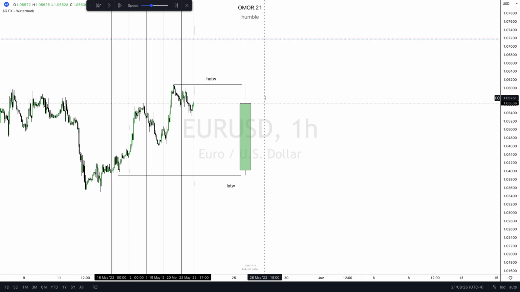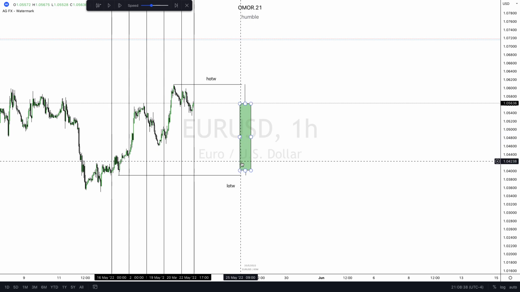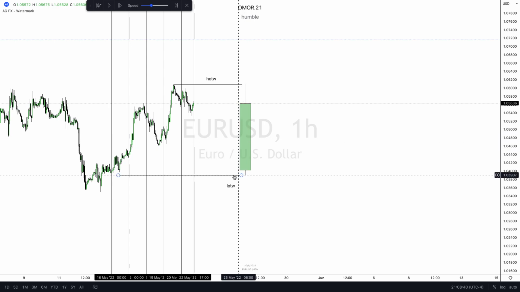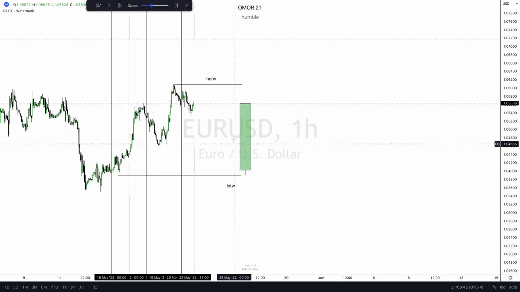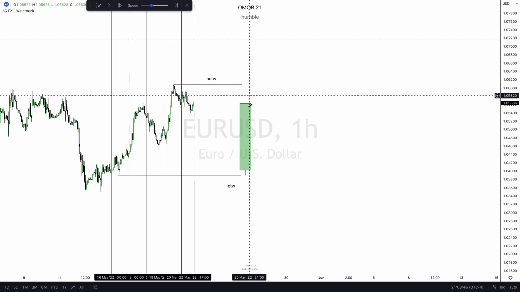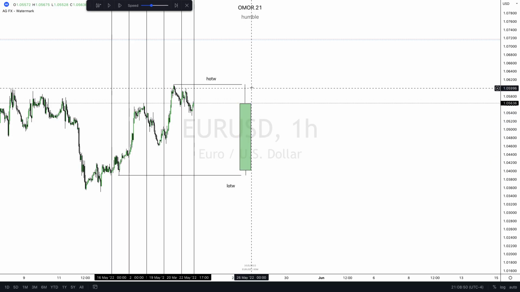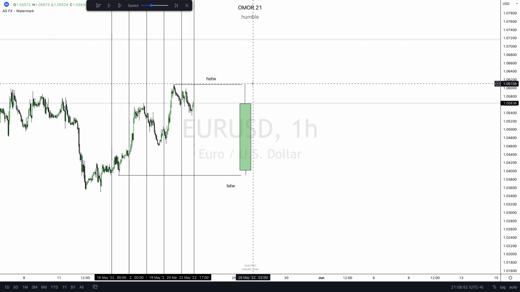This is the crux of the day trader's theory on how the market is going to trade for the week. So on a bullish candle, what are you going to see? You're going to see the low be placed in fairly quickly and the high is going to be placed in later on in the week. So we see that the low was placed in on Monday and the high was placed in on the Thursday.